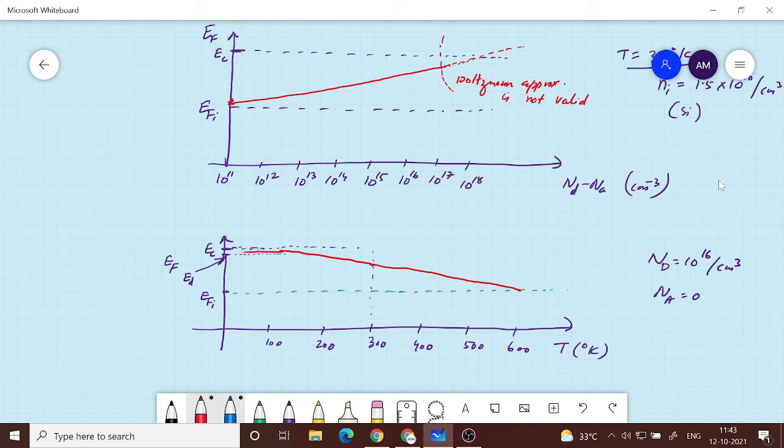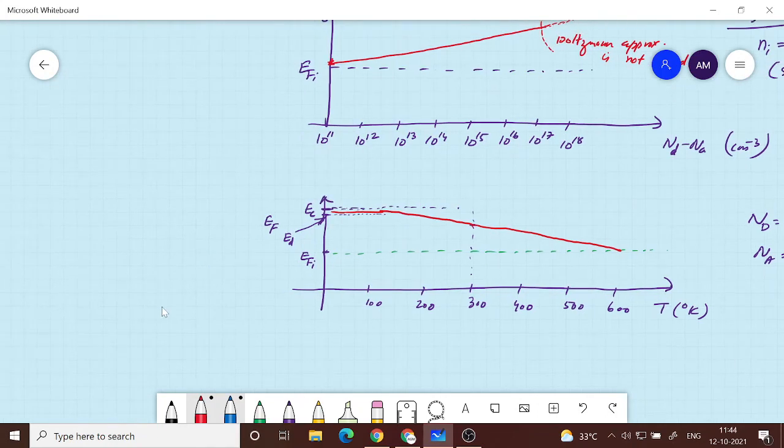Only then you can say that all the charges in the band structure, which if I show once again, so this is the valence band, and this is the conduction band, and this is our ED level.